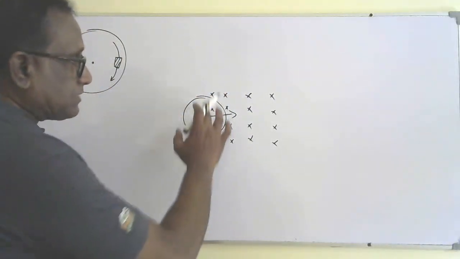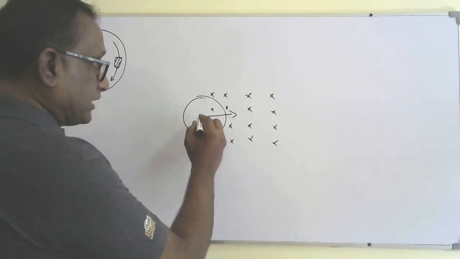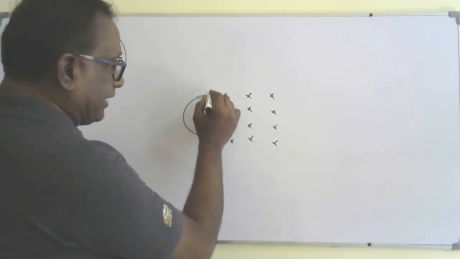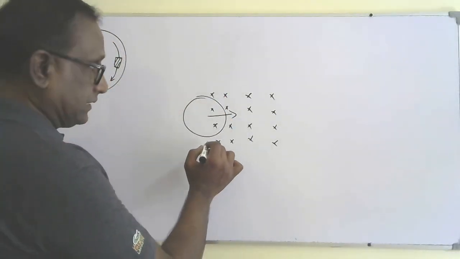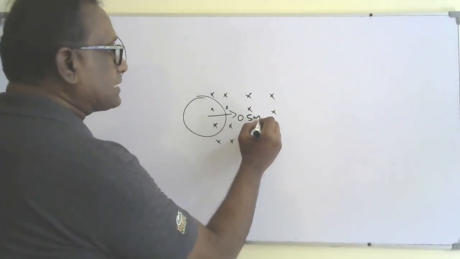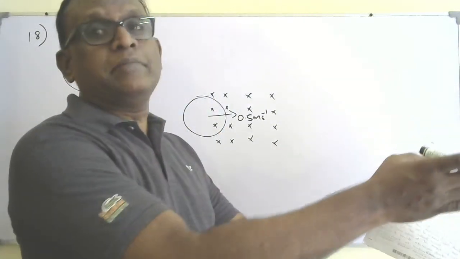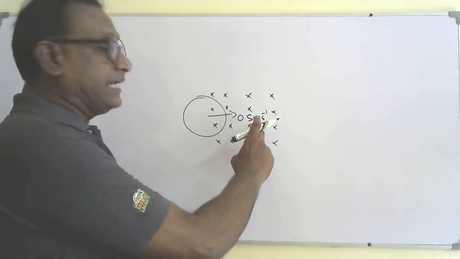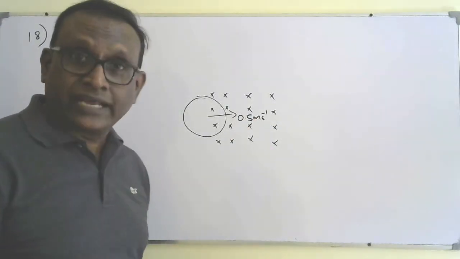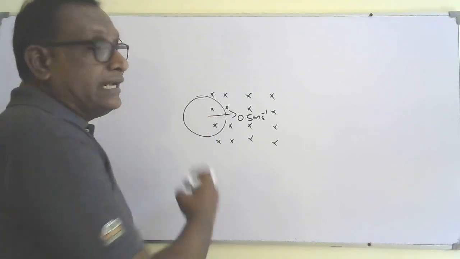But imagine this magnetic field is created by two magnets. When the coil has come to this position and is moved at, for example, 0.5 meter per second, and you move the magnets in the same direction at the same velocity, 0.5 meter per second, then relative to the magnetic field the coil is at rest.